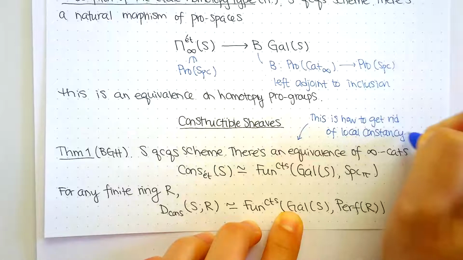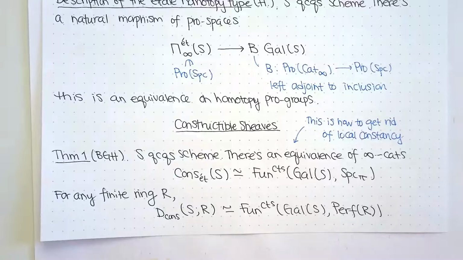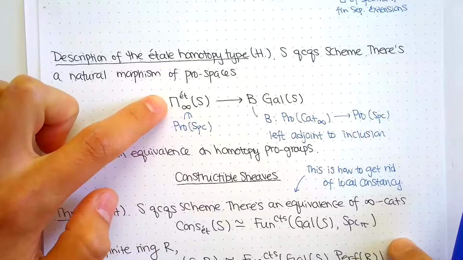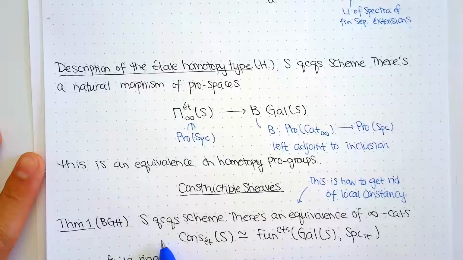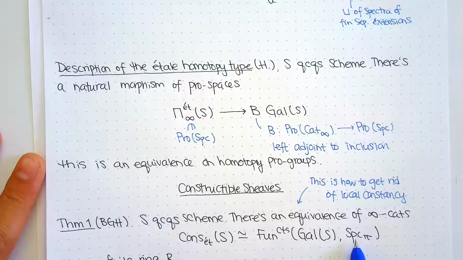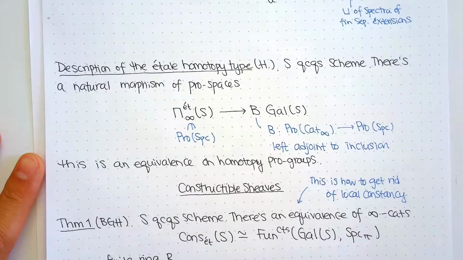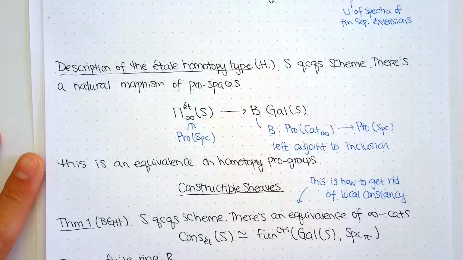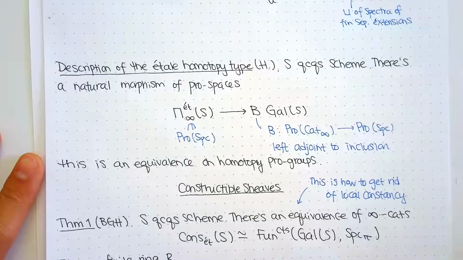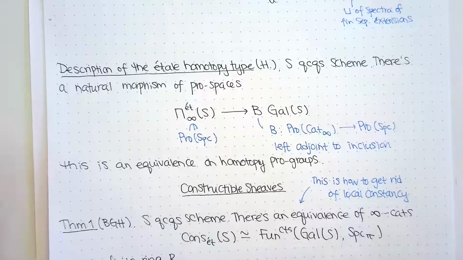And it's not completely obvious from this, but from this theorem and some very small other things, it's not so hard to see that if you want to put local constancy conditions on this side, what you can say is functors from here to here that send all morphisms to equivalences. So even in that setting, it gives a simpler classification result that doesn't depend on this Étale homotopy type as a whole.